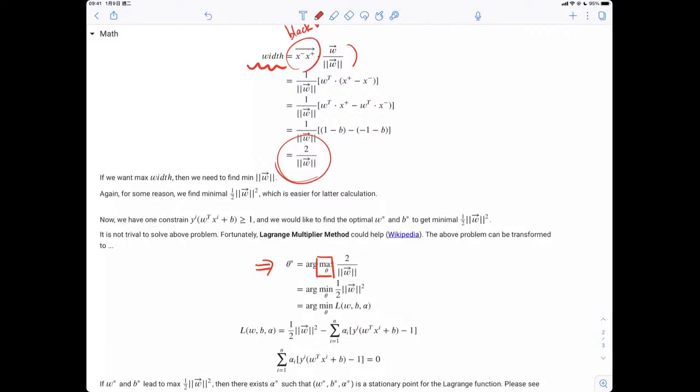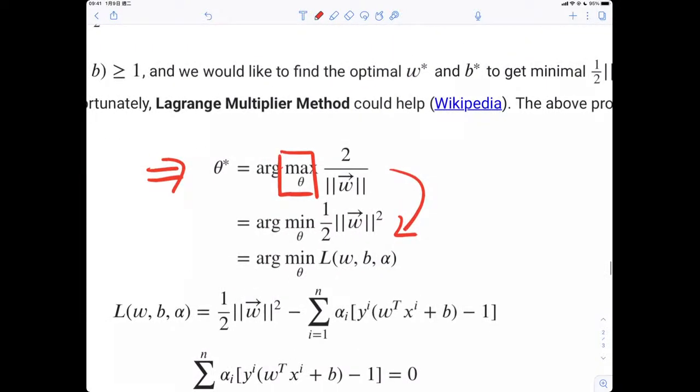However, as we showed you before, maximizing something is not that easy, because differentiation, which is calculus, can help us to find the minimum value. Take a look at this one.